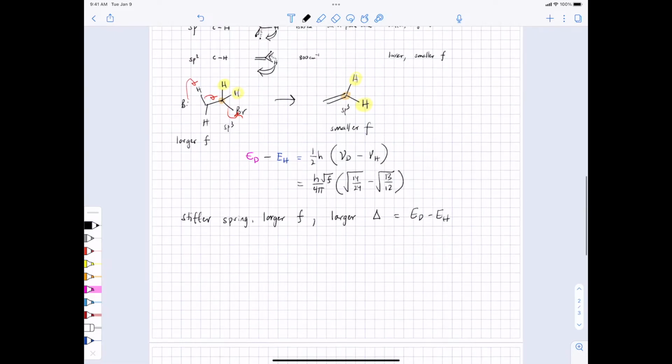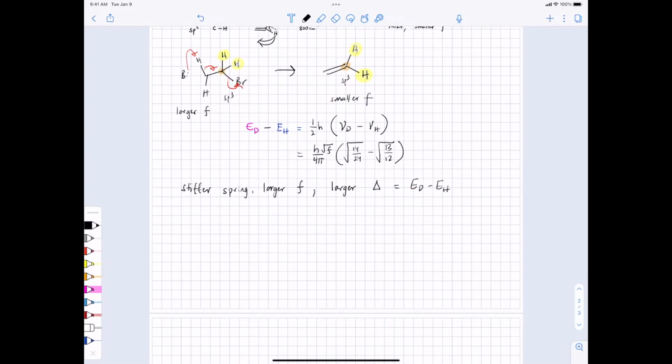Okay, so what we would conclude is that sp3 type carbon-hydrogen vibrations have larger force constants and therefore larger energy differences between deuterium and hydrogen, right?